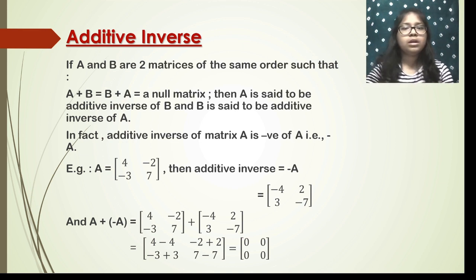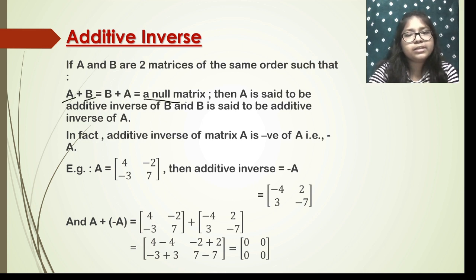That is, suppose here we consider a matrix A and B. It gives the null matrix. So A will be called the additive inverse of B. Similarly, B can also be called the additive inverse of A. Okay.